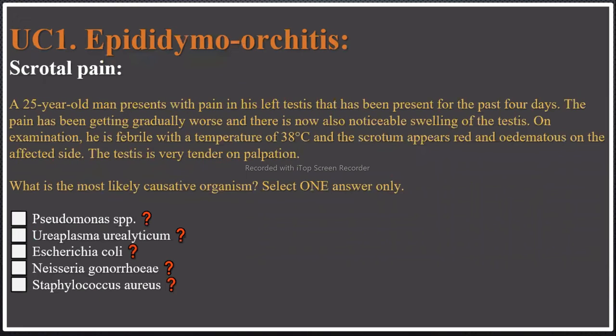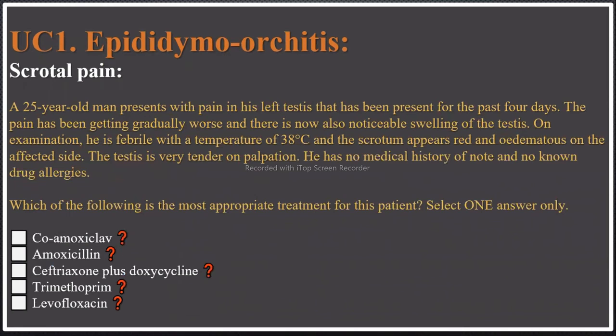Likely causative organism. Neisseria gonorrhoeae. Option 4. Okay. Which of the following is the most appropriate treatment? Trimethoprim. Ceftriaxone plus doxycycline. Option 3. Ceftriaxone and doxycycline. Option C.